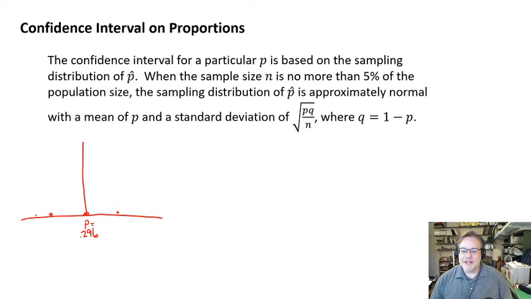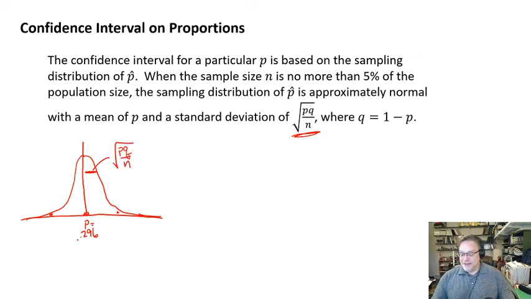But we know that if we plot a histogram of all of the estimates of this proportion over time, they're going to be normally distributed with a mean around the right answer and a standard deviation that is equal to, well, this monstrosity right here, the square root of pq over n.